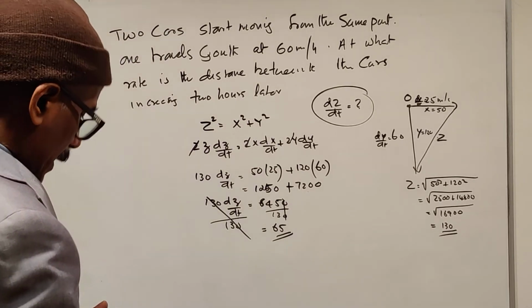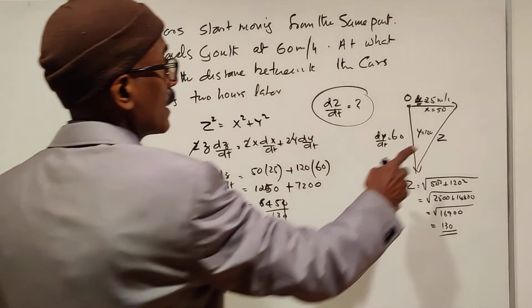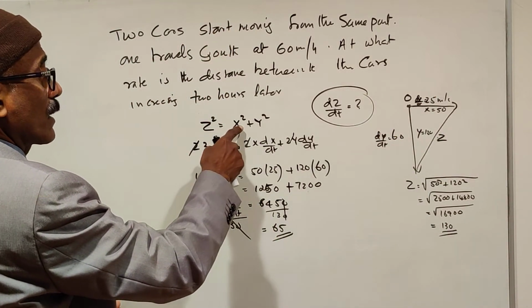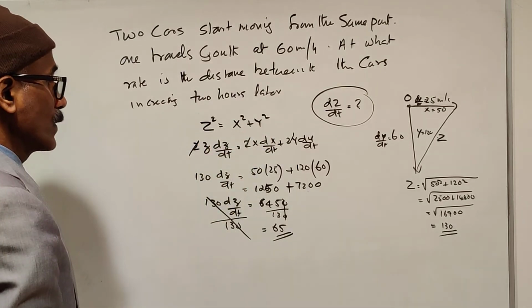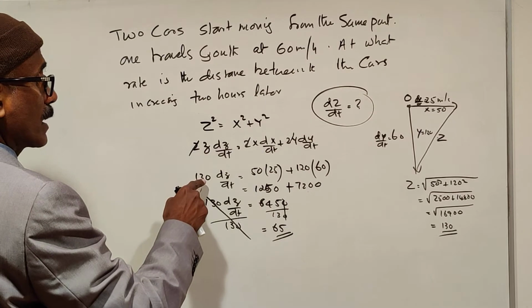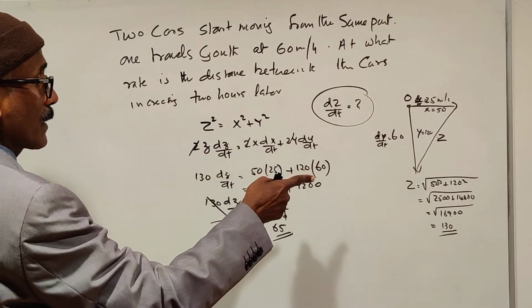Alright, find out the relation between z, x and y. What is that? Z square, Pythagoras theorem: z square is equal to x square plus y square. Differentiating both sides, find the quantities here. Z is 130 by applying the Pythagoras theorem.